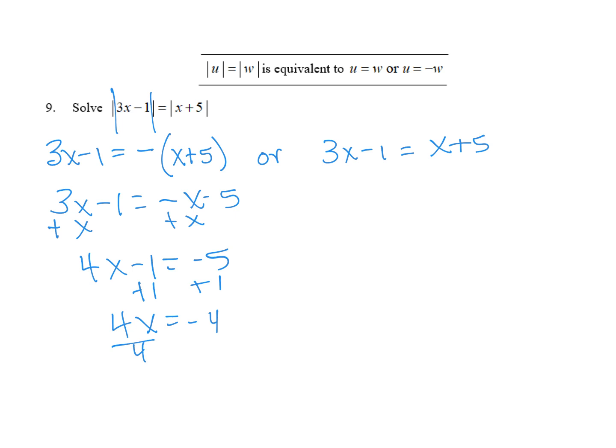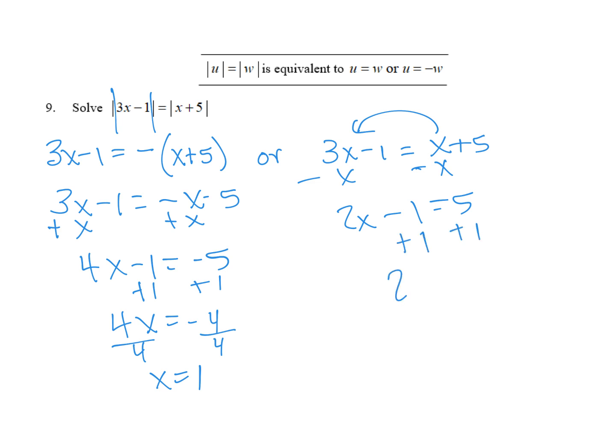And then we're going to divide by 4. Then on the other side, we're going to move our variables to the left, giving me 2x minus 1 equals 5. Put our constants on the right, so 2x equals 6. And then divide by the 2, so x equals 3. So we still get two answers, 1 and 3.